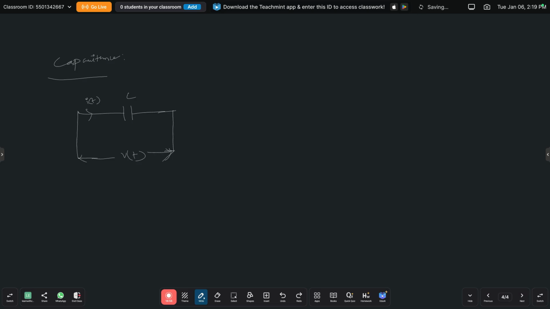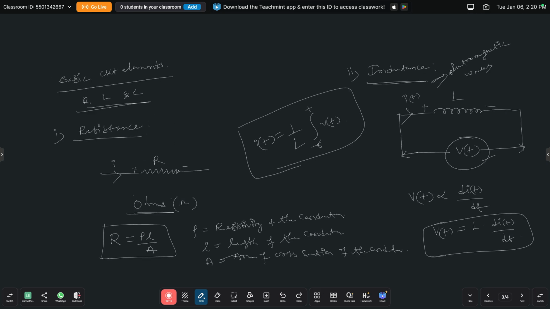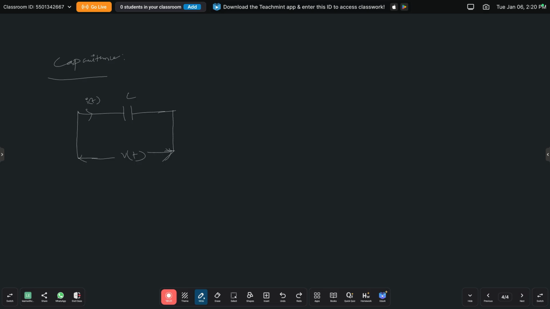Here capacitance is represented by C and it can be measured in microfarads. Before this, the inductance is represented by L and it can be measured in henries, and capacitance is represented by C and it can be measured in microfarads.